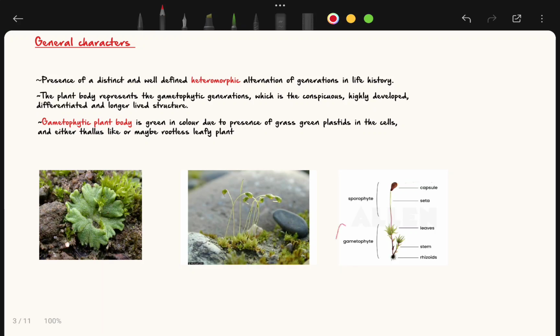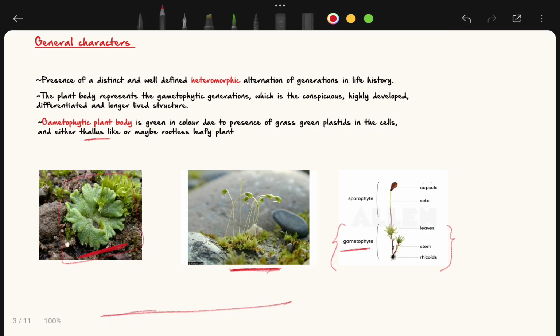And this gametophyte, depending upon the different types of bryophytes, will either be a thallus-like structure, they will grow in this manner, or they might grow in a leaf-like structure. Okay, so depending upon different types of bryophytes, the plant body may be a thallus-like structure.